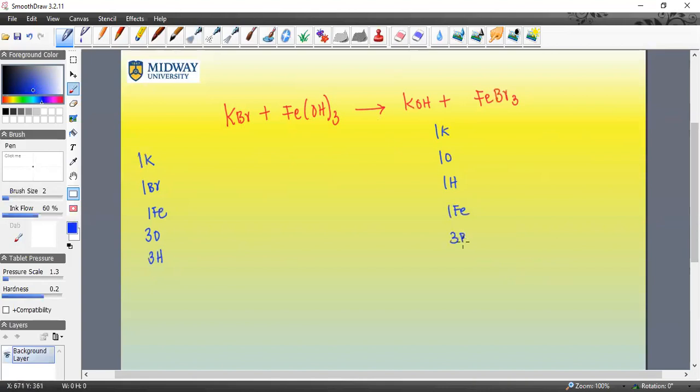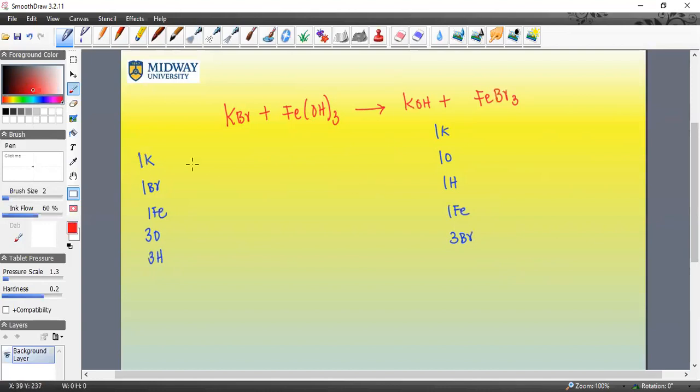Okay, so on the same account here, we have 1 K, 1 oxygen, 1 hydrogen, 1 iron, and 3 Br. As I said, if possible, work everybody else first, and then when you finish, go to oxygen, and then when you finish oxygen, go to hydrogen. Guess what? By the time you get to hydrogen, it would have already worked itself out. That's why I'm saying that, because sometimes starting with hydrogen can lead to more cat and mouse game. You would eventually finish it, but again, it's going to take a lot longer.